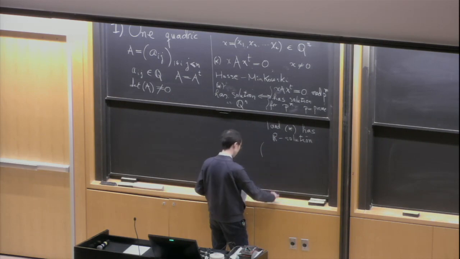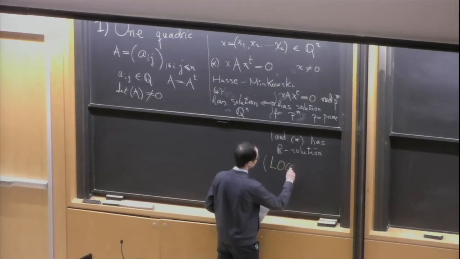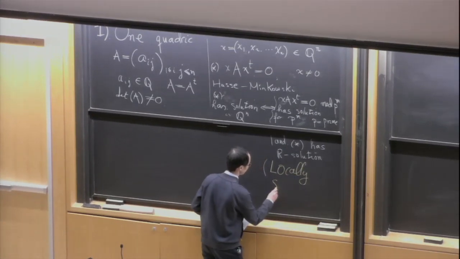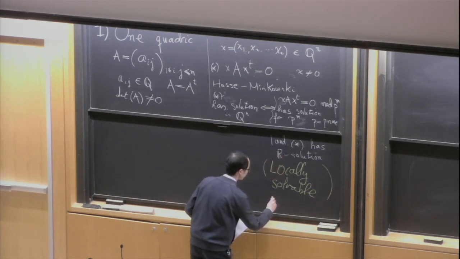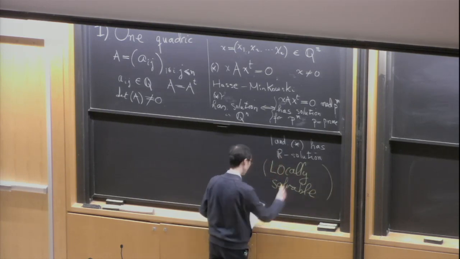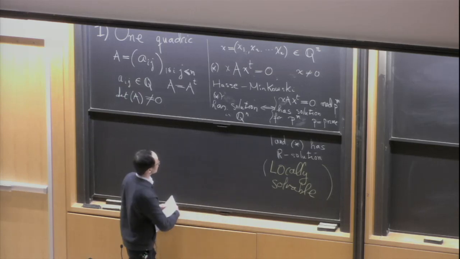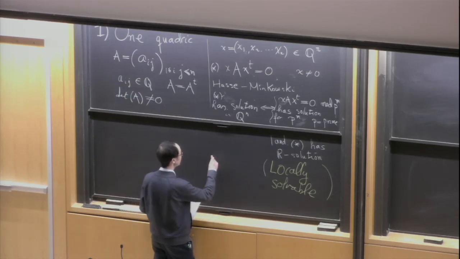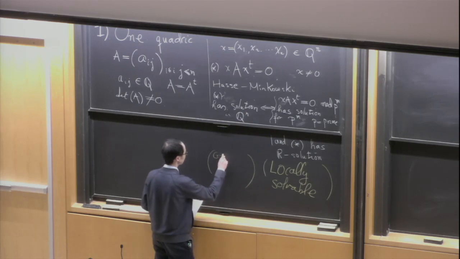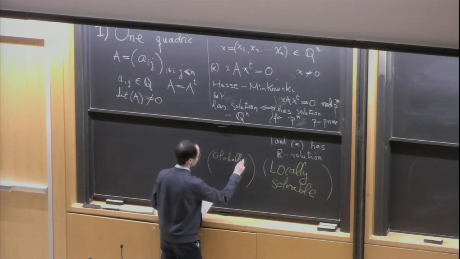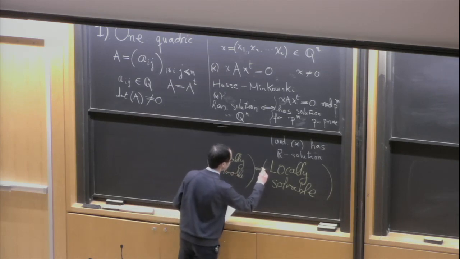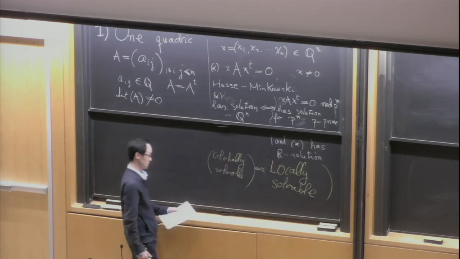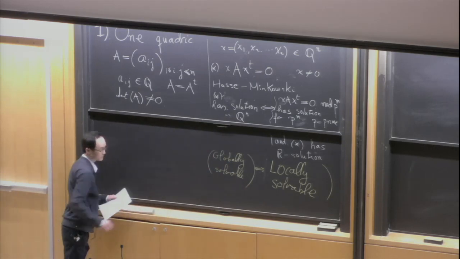The right-hand side, let's call it locally solvable at all primes. The left-hand side, we call it globally solvable. So Hasse-Minkowski proved that they're actually equivalent for one quadratic equation.